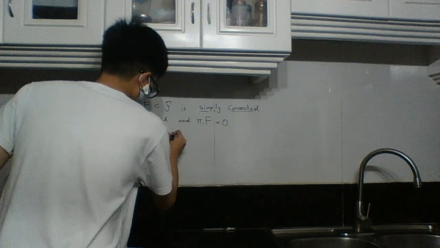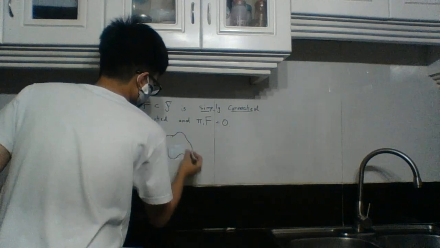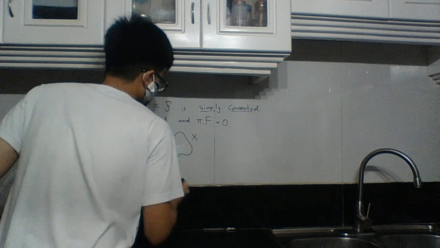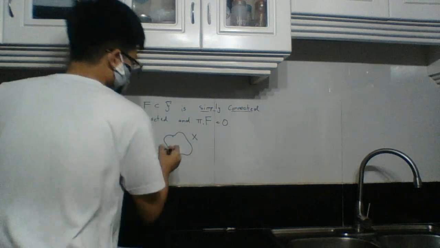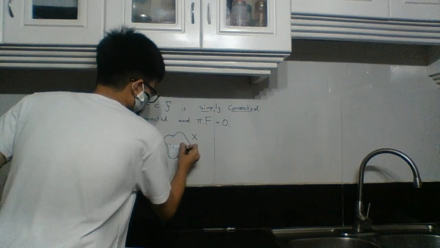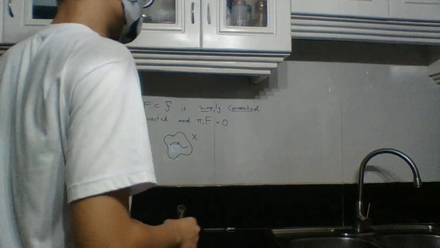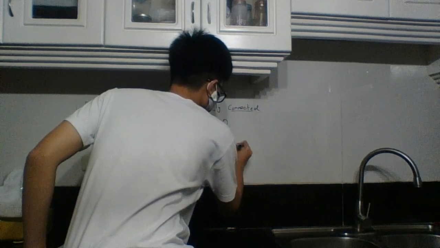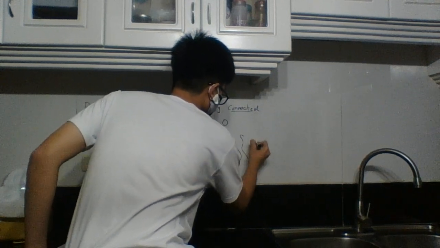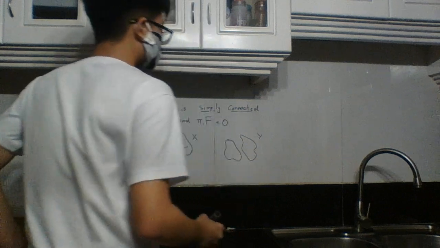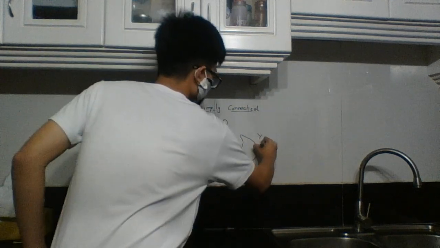So this space here, which I will call X, is path connected because if I take a point here, another point here, I'll be able to make a path that is unobstructed. But once I split X and make it into this new set, I'll call Y, it is not path connected.